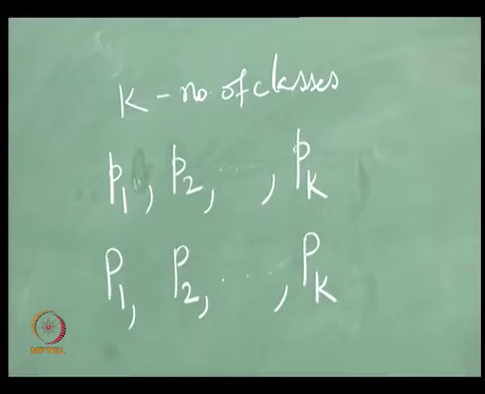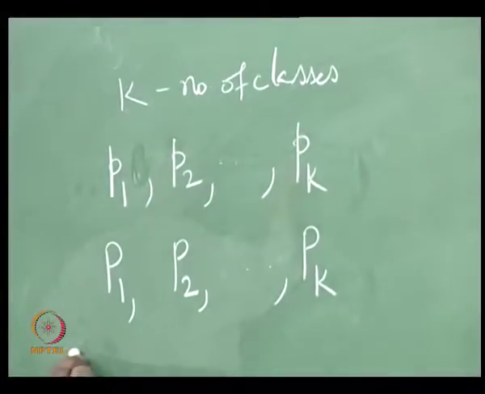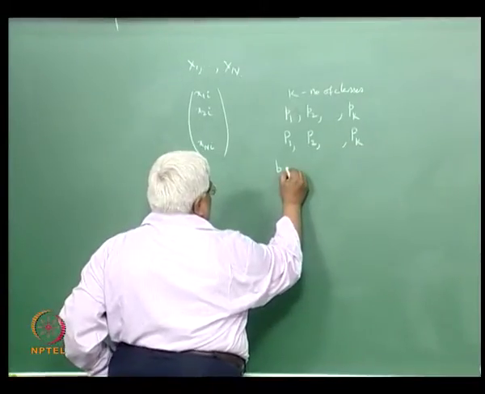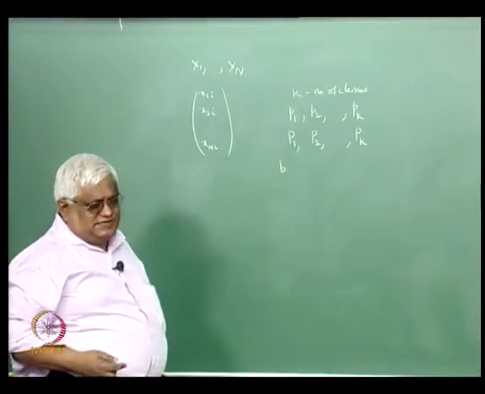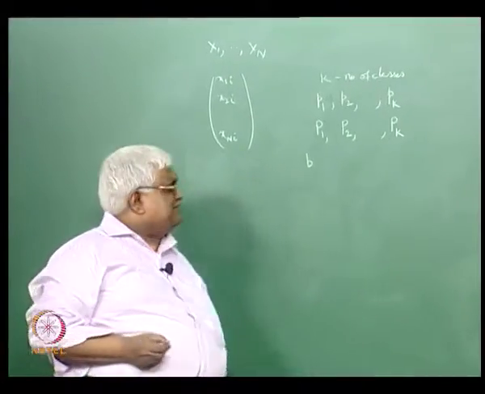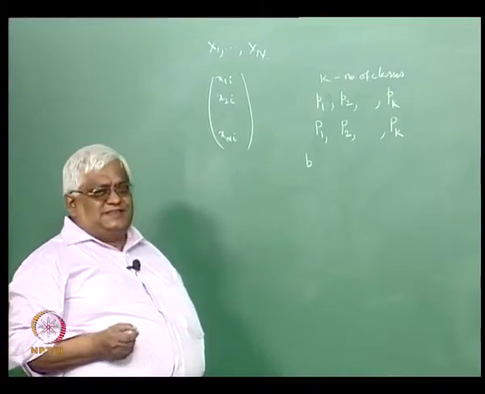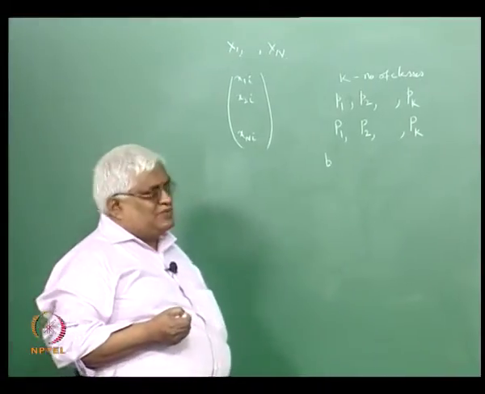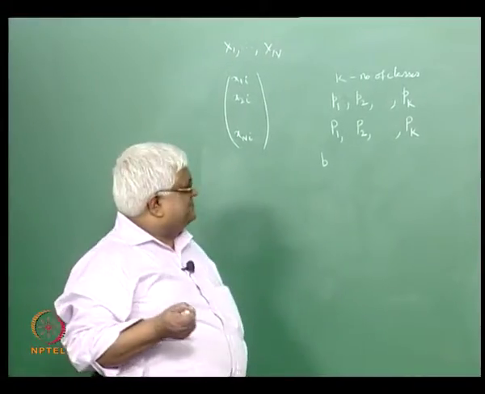Now, we are supposed to select small b number of features. So, let us just consider one such subset.